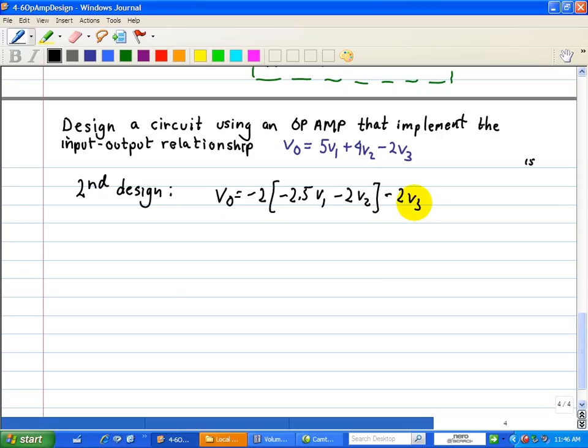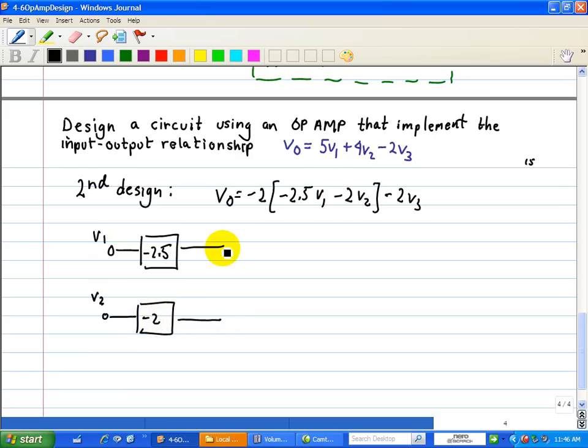Okay, so for this design, let's draw a block diagram. Here we have V1 multiplied by -2.5, and then we have V2 multiplied by, in this case, -2.